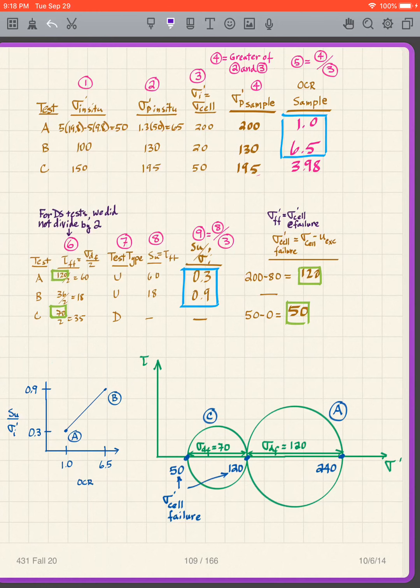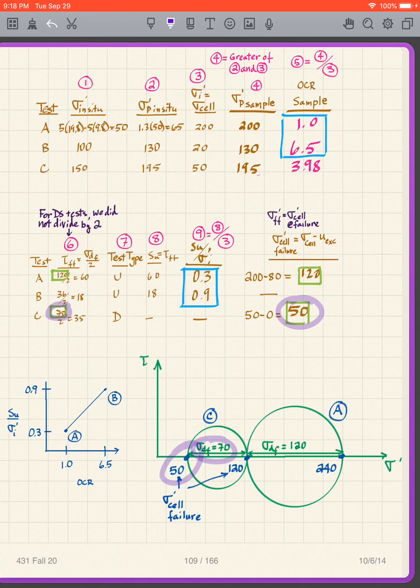Well, we have, for instance, for sample C, my sigma prime FF is 50, so there's my 50. My sigma deviator at failure is 70 here. And so I use the sigma deviator of 70, and I put on 50 plus 70 is 120.